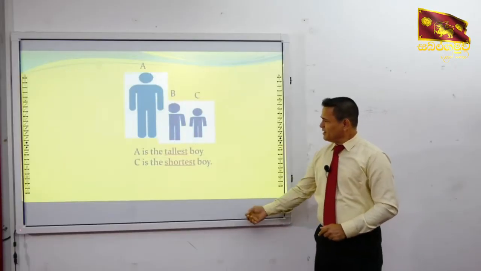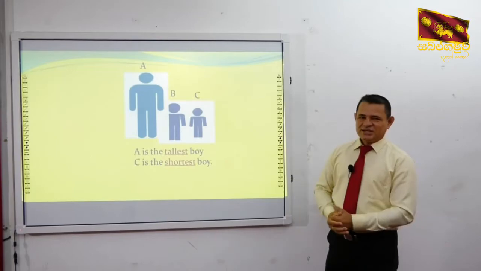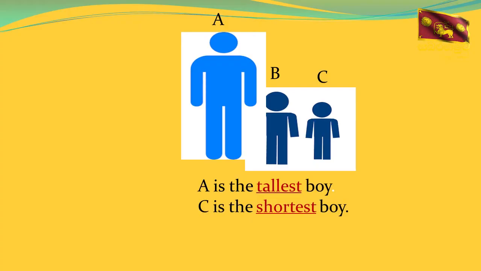And just have a look at this one then. Now there are three, A, B, C. So you can say, when you talk of the first person, A is a tall boy. And when you keep all these three together and talk of that person, you can't say it like that.